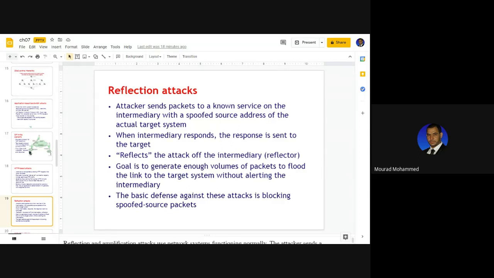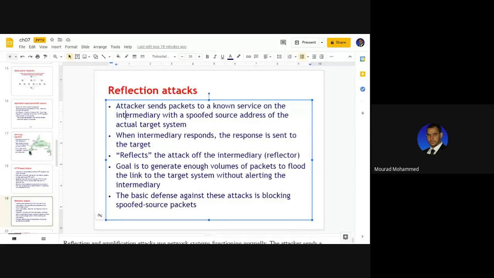So the attacker will see the intermediary devices and what services are available there, and will try to mimic them in order to flood the destination with a huge number of the same services available on the intermediary devices. The intermediary devices are recognized by the target.